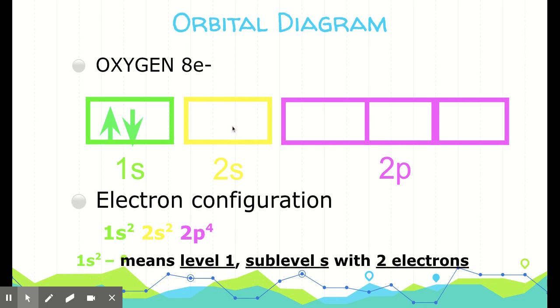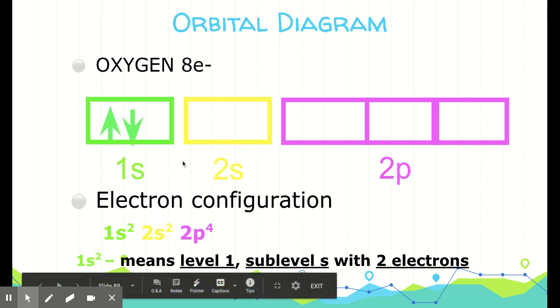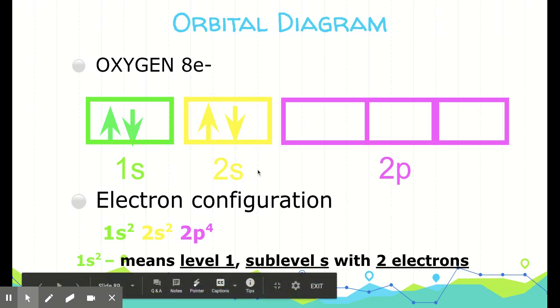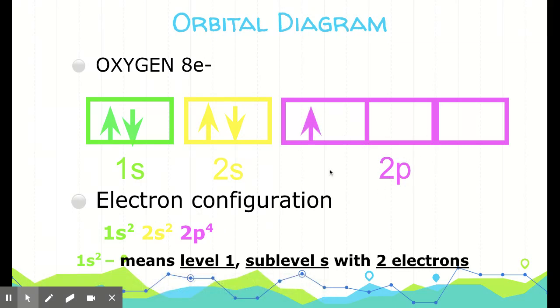For the second sublevel, you have 2 electrons here, so one will go up, one will go down. For the third section here, we have 2p. You have 4 electrons, so you're going to put 1 in each spot and then come back in and put another one.